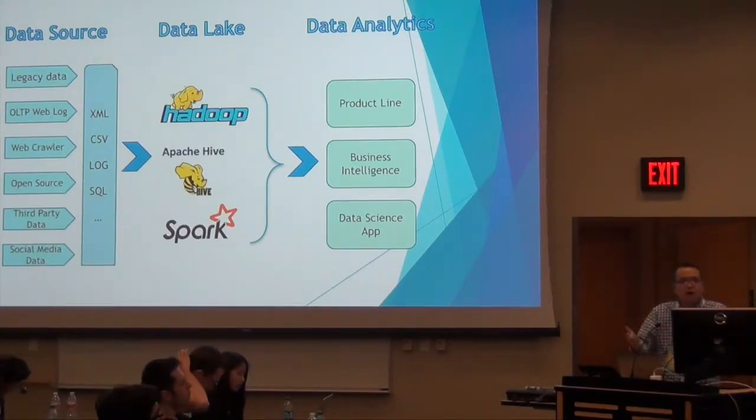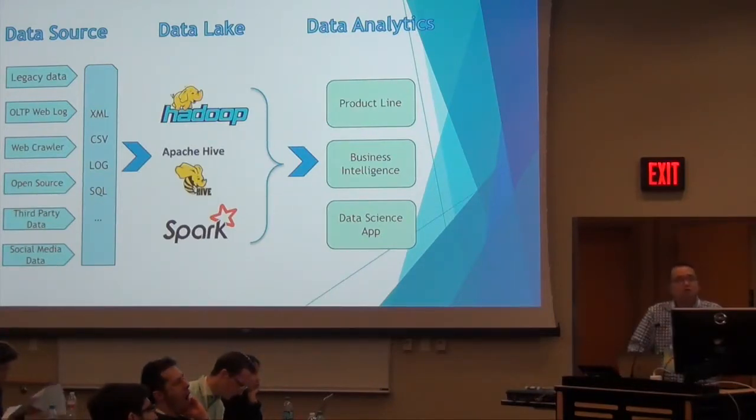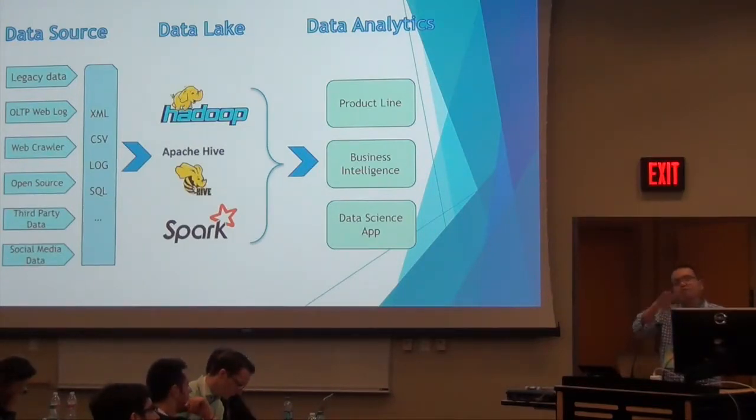You can just use Hive to operate the big data infrastructure. The data sources come from your legacy system, your OLAP system, your web crawler, open source, and third-party data. We put all these different structured and unstructured data into Hadoop and Spark, and then we can extract data from this data lake, using a small part of the data for analysis. All companies use this layout to manage their data system.